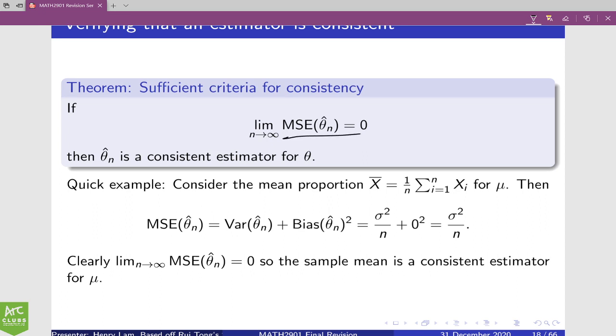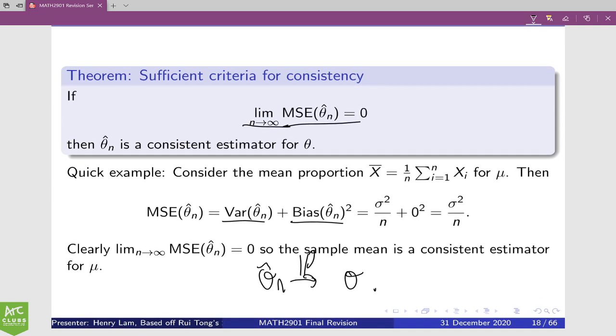We saw before the mean square error is relatively easy to find, given the estimator is kind of simple, because you just need to find bias and variance, as you can see here. And if you can show this whole thing goes to 0 as n goes to infinity, then you show that sigma hat n converges to sigma of theta in probability. Okay, let me write that again. Probability.